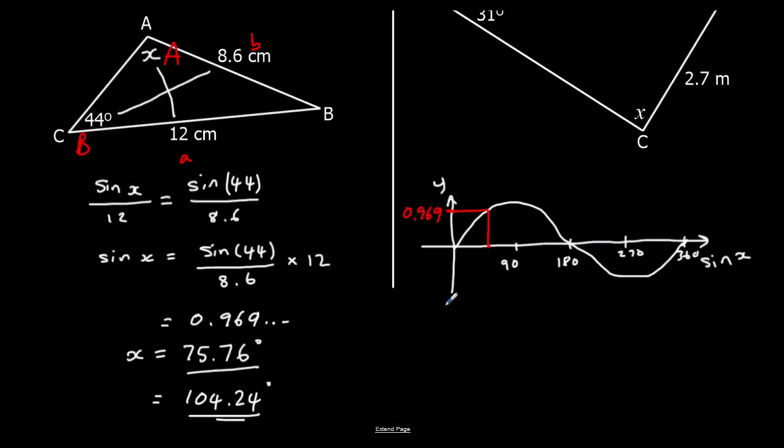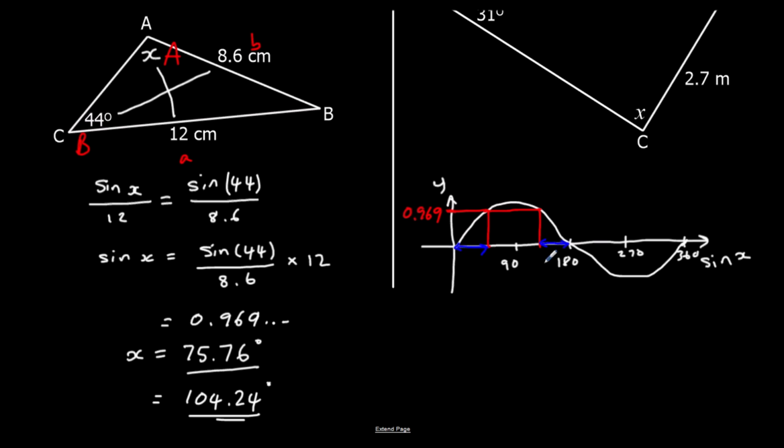And usually that's okay. We're happy with the first one. But in this case, we actually wanted the second one. And the calculator doesn't give us that answer. So we have to do an extra calculation. And using this symmetry, so saying the same gap here, so this gap here, which was 75.76, is the same as this gap here.